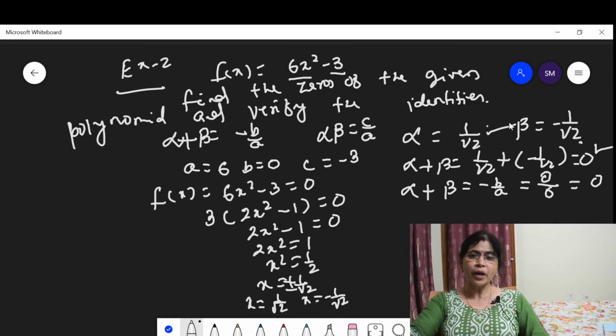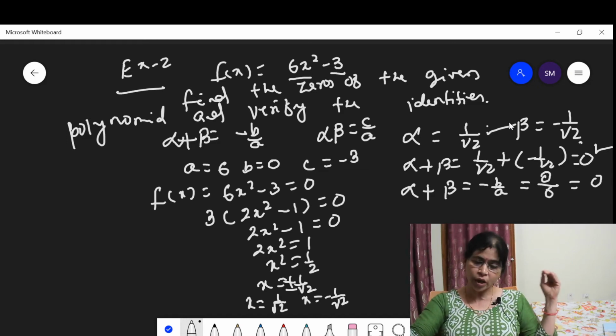Then alpha plus beta is equal to 1 upon root 2 plus minus 1 upon root 2, which is equal to 0. Then by applying the formula alpha plus beta is equal to minus b upon a, here 0 upon 6 is equal to 0, because here b is equal to 0.